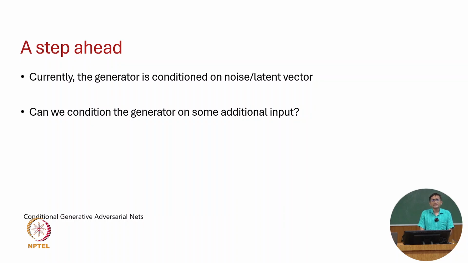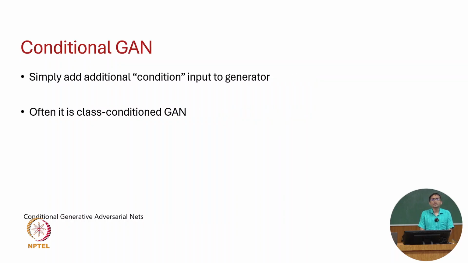Rather, we are trying to understand whether we can condition the generator on some additional input, some more meaningful input. So this leads us to conditional generative adversarial nets, Conditional GAN, that is simply adding an additional condition input to the generator.